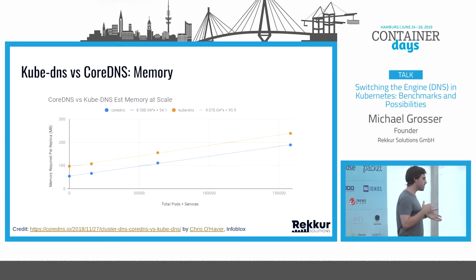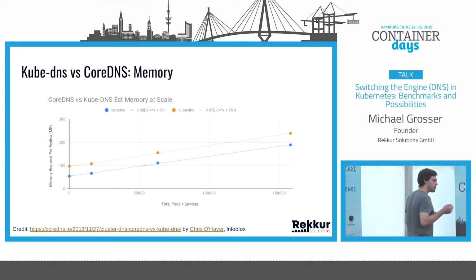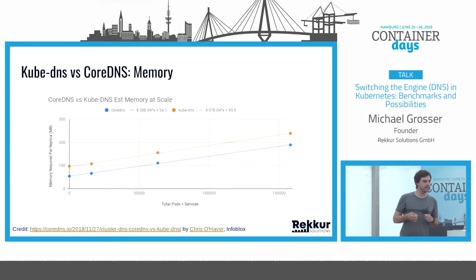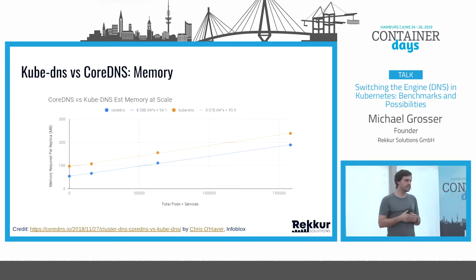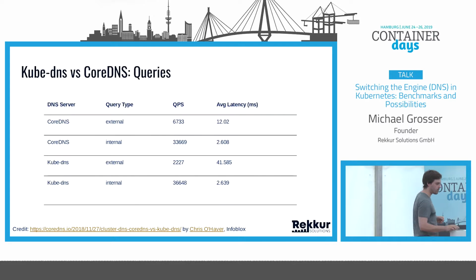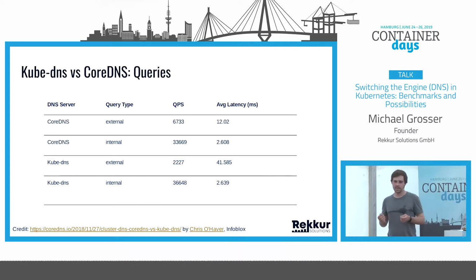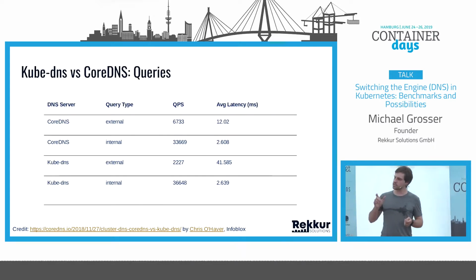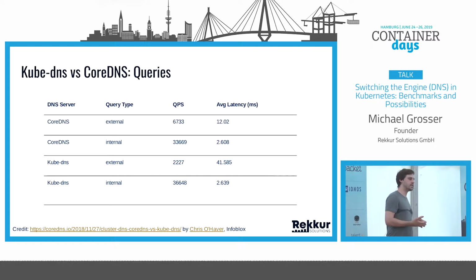We can see here, with the same query load, the memory allocated by CoreDNS is a lot less than with Kube-DNS. So from a memory perspective, that switch already was worth it. On the query side, we're in proximity, and since 2018 there were a lot of performance optimizations.